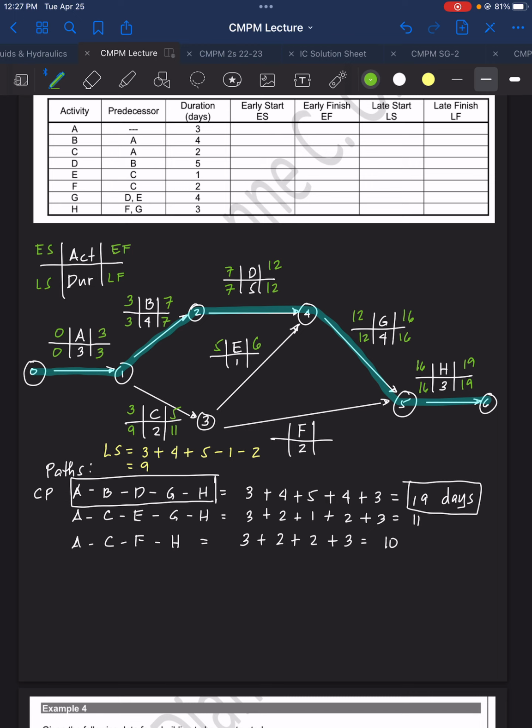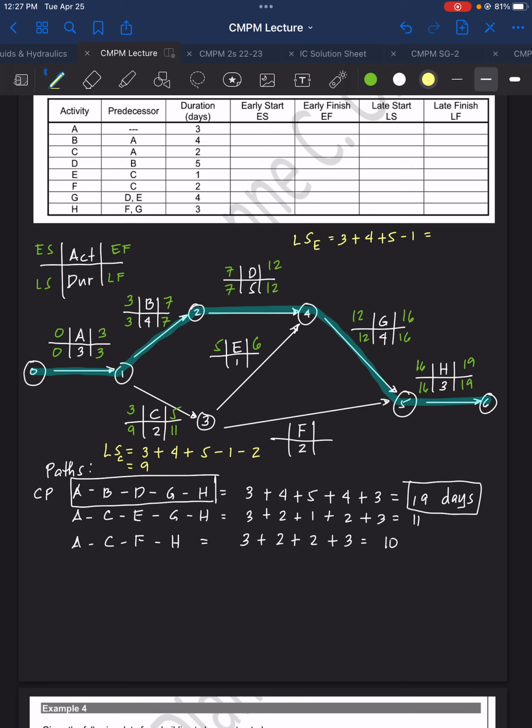Next, the challenge here is the late start of E. So let's see. This is late start C. Late start E is equal to, what will we do? Again, that will be the duration of A, B plus D, and then minus the duration of E. So that will be 3 plus 4 plus 5 minus 1.